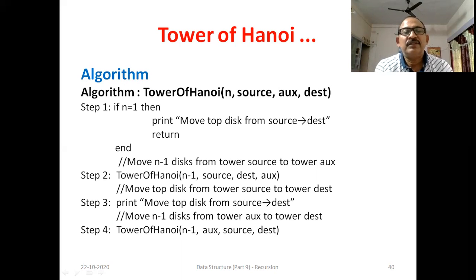Okay. Next, we simply solve this problem directly: move top disk from source to destination. In the next step, Tower of Hanoi with n minus 1, auxiliary, source, taking the destination as the intermediate. Is it clear? So this is the algorithm of the Tower of Hanoi problem.